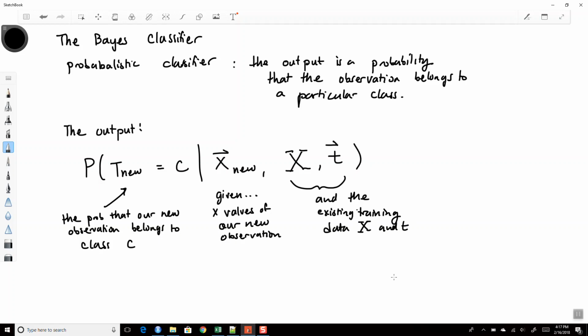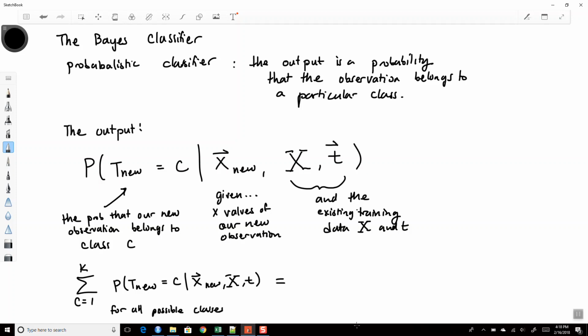And if I sum the probability of t new equaling class C, given x new and x and t, if I sum this across all values of C equals 1 to, I don't know, k, so for all possible classes, what would this add up to be? It would add up to 1, right?